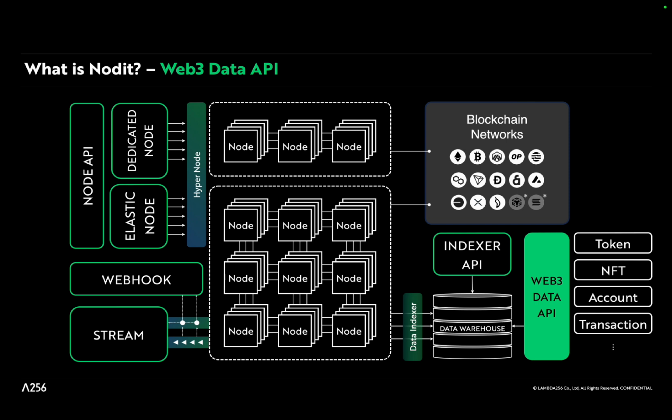Another feature that builds on top of indexed on-chain data is the Web3 Data API. This provides a RESTful API to access structured data, including tokens, NFTs, accounts, and transactions. All of this is pre-processed and ready to use.